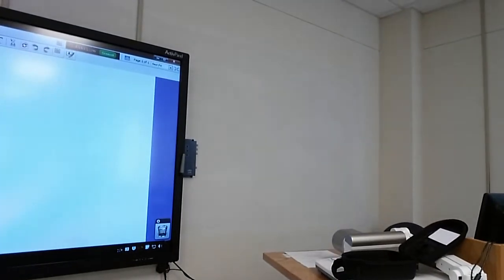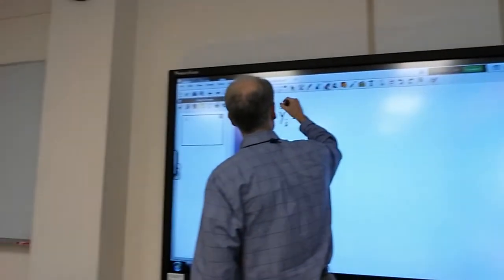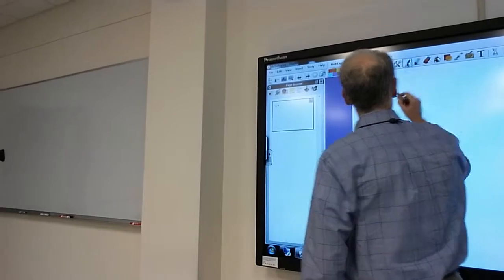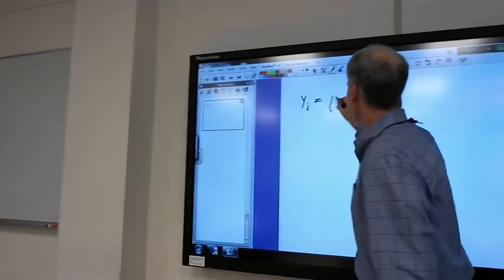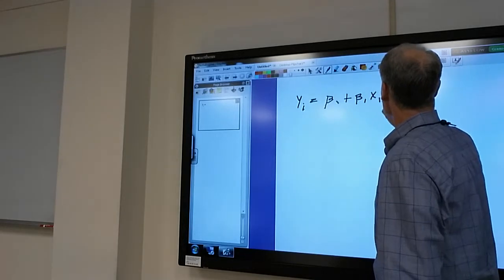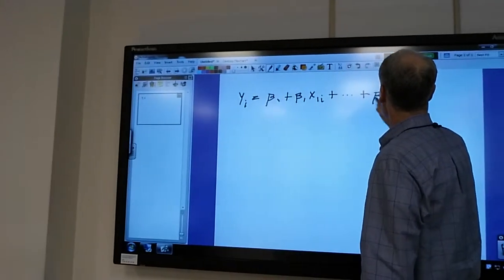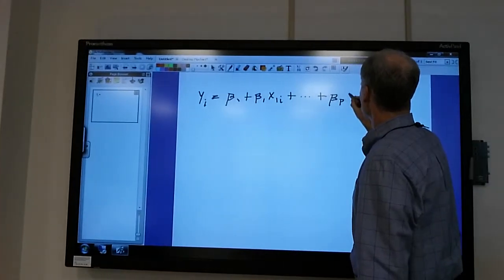Okay, so back to what we were doing. Multiple regression model. I took the hat off the Y, but beta 0 plus beta 1 x1i plus and so on. Remember I had this on the board last time.